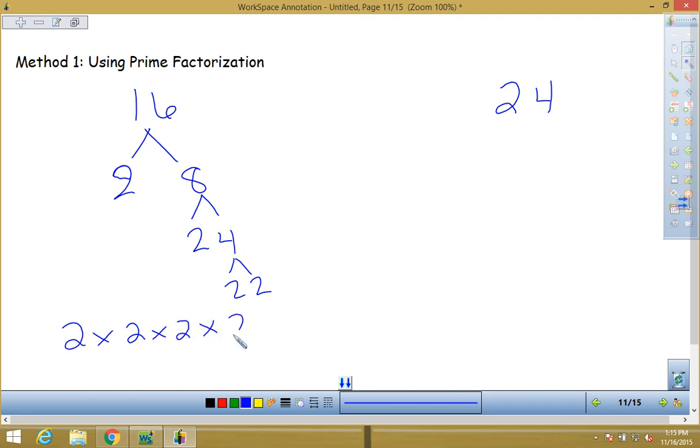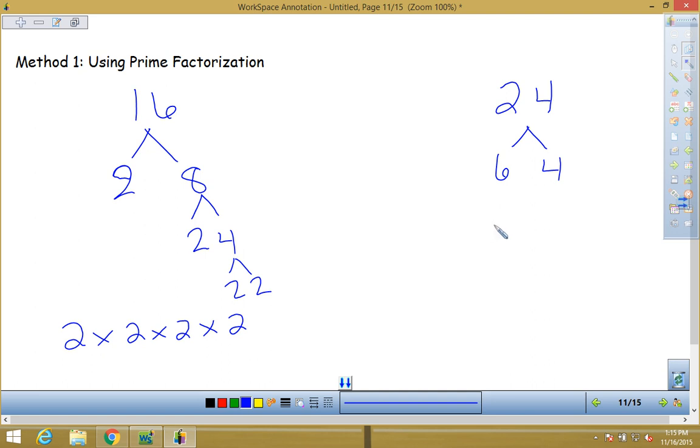Okay. Now I'm going to leave that alone for a minute, but I'm going to come over here and prime factorize 24. Max, how can I split 24 up? 6 and 4. Great.